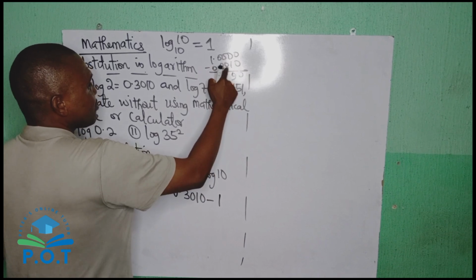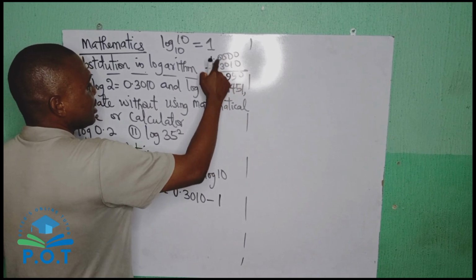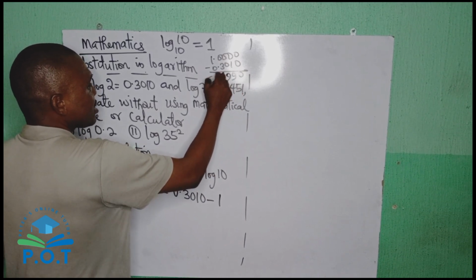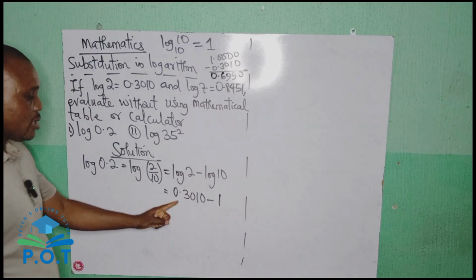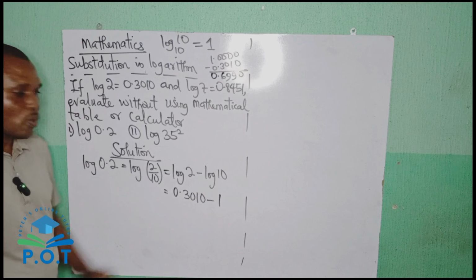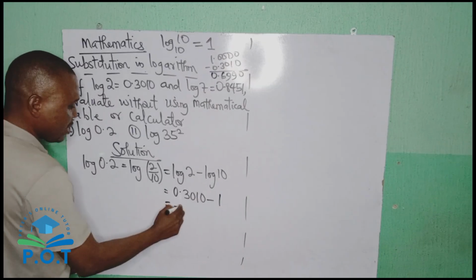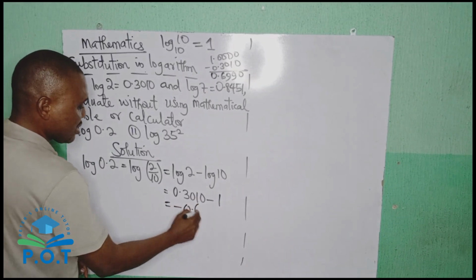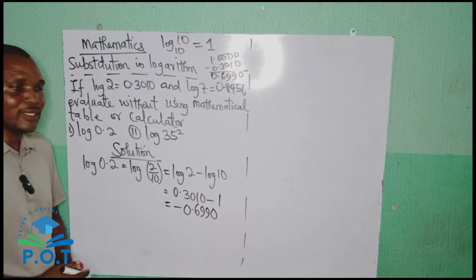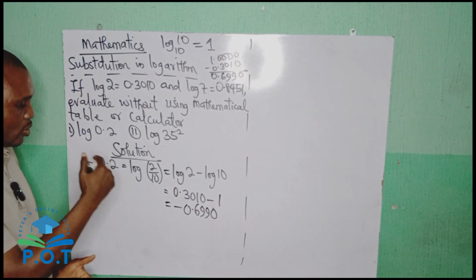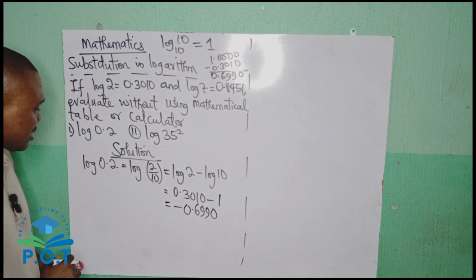So 9 is left here. 9 minus 0 is 9. 9 minus 3 is 6, and nothing is left here, so that's 0. Because 0.3010 is subtracting 1, it gives us minus 0.6990. All right, so that's the answer. As simple as that. Just follow the steps and you arrive at the right answer.